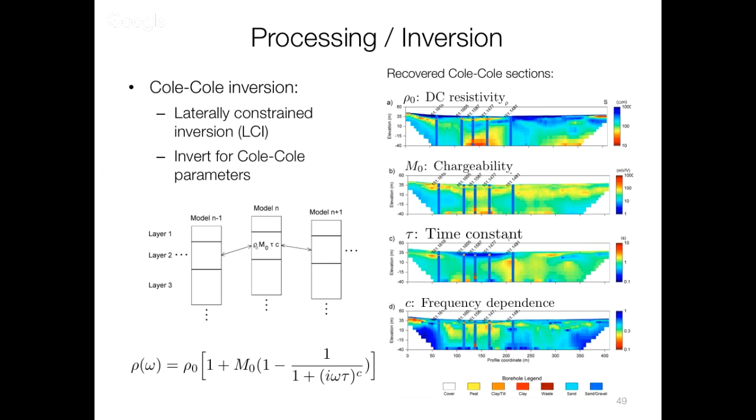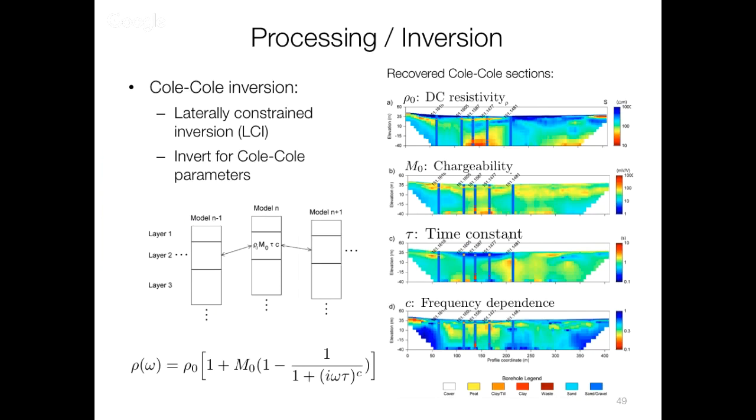So there's a number of parameters. There is rho naught, so that's the resistivity right at zero frequency. And there's m naught, which is the chargeability. That's kind of related to this distance that you have here.